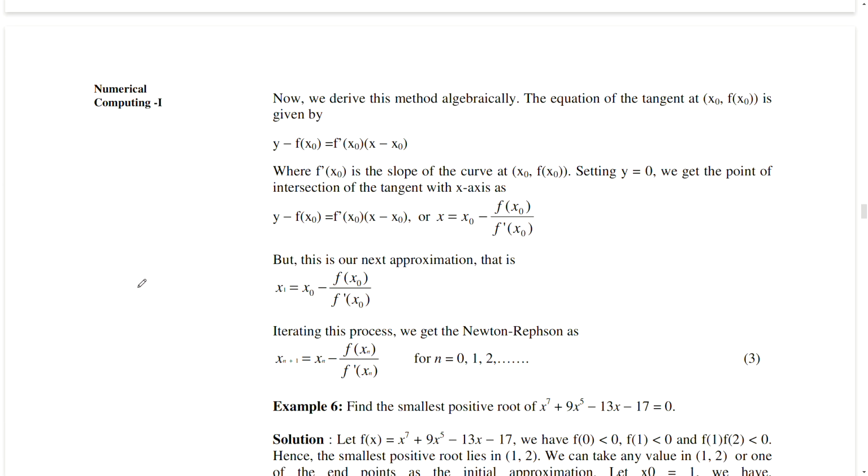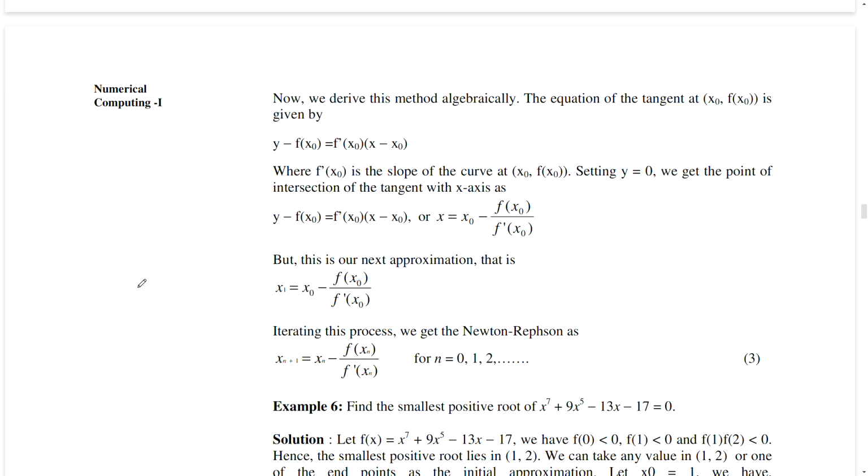Now we derive this method algebraically. The equation of the tangent at (x0, f(x0)) is given by y minus f(x0) equal to f dash(x0) times (x minus x0), where f dash(x0) is the slope of the curve at (x0, f(x0)). Setting y equal to 0, we get the point of intersection of the tangent with the x-axis as x equal to x0 minus f(x0) by f dash(x0).